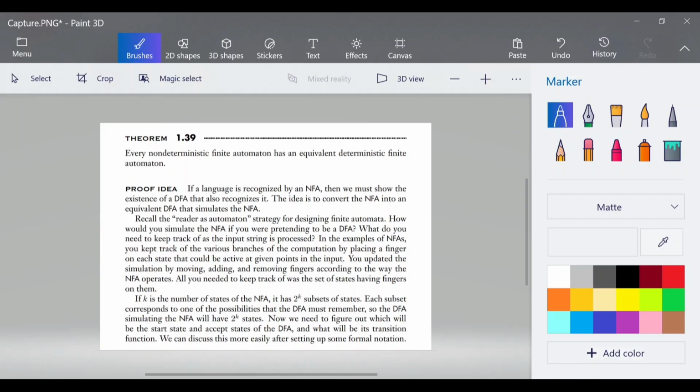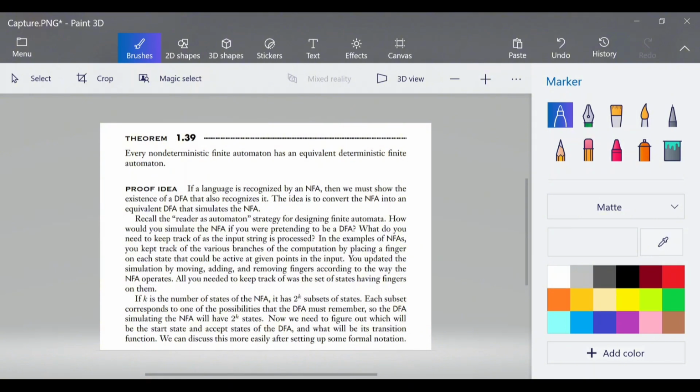All you need to keep track of is the set of states having fingers on them. If k is the number of states of the NFA, it has 2 to the power of k subsets of states. Each subset corresponds to one of the possibilities that the DFA must remember. So the DFA simulating the NFA will have 2 to the power of k states.